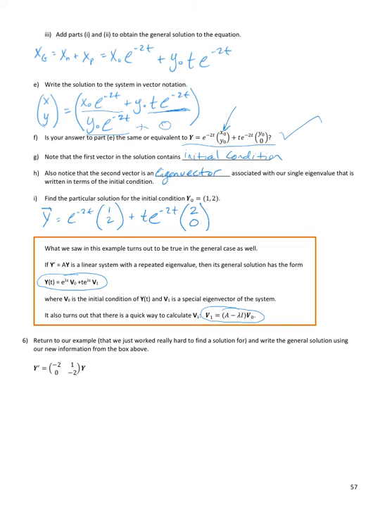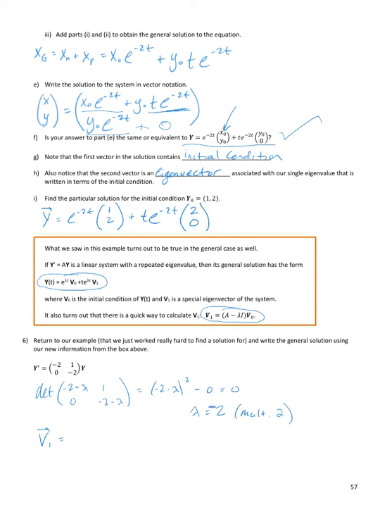So lambda, I do the determinant of A minus lambda I. So that's negative 2 minus lambda squared minus 0 equals 0, and you get lambda equals negative 2, multiplicity 2. So we've got the eigenvalue lambda, and then I have to figure out what v1 is.